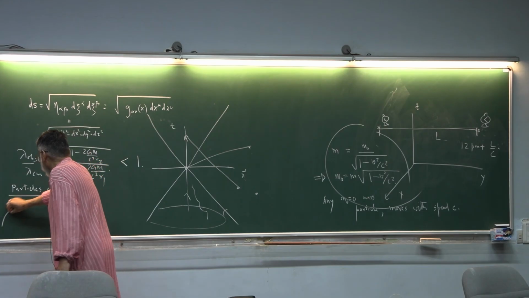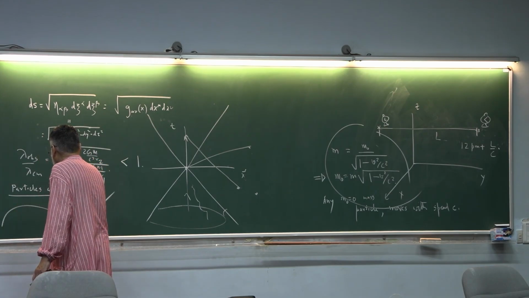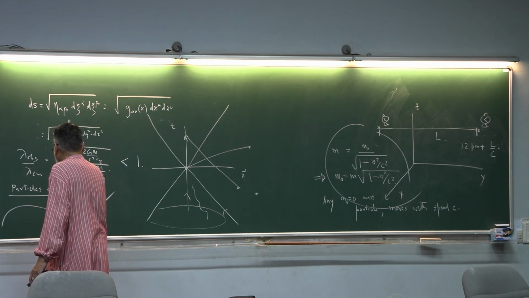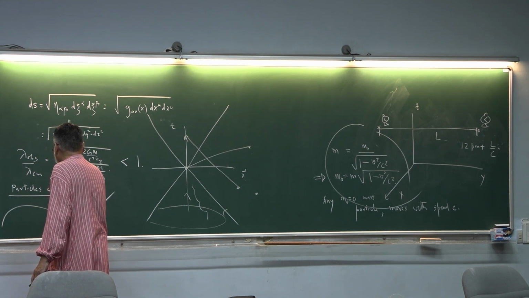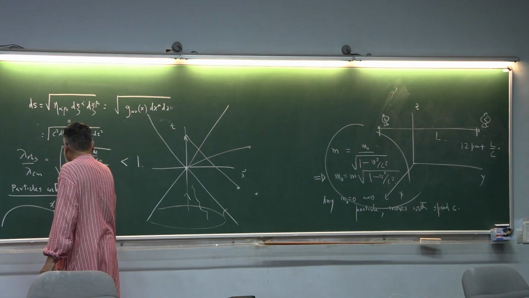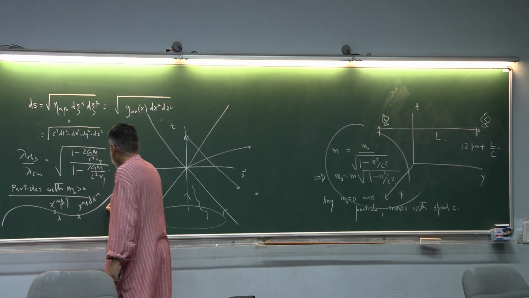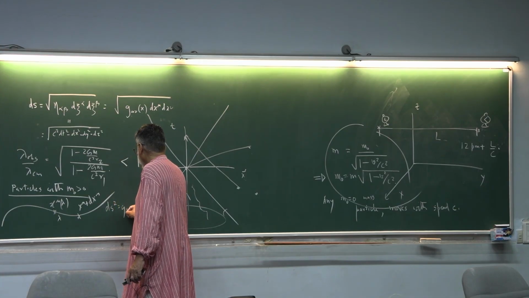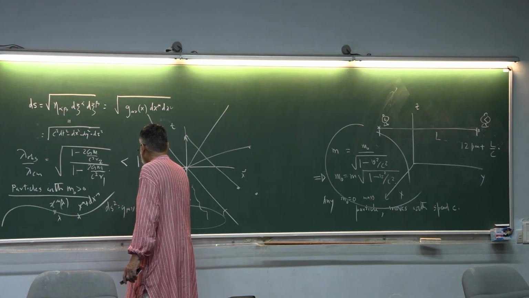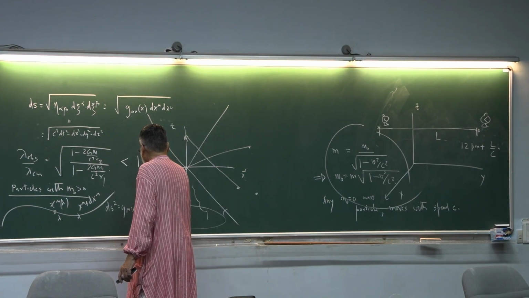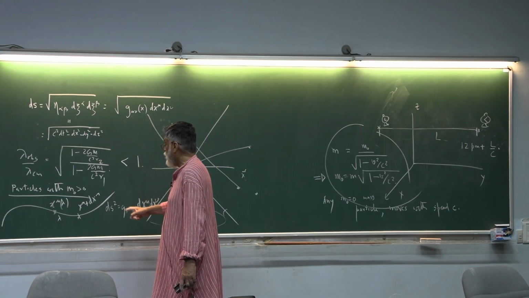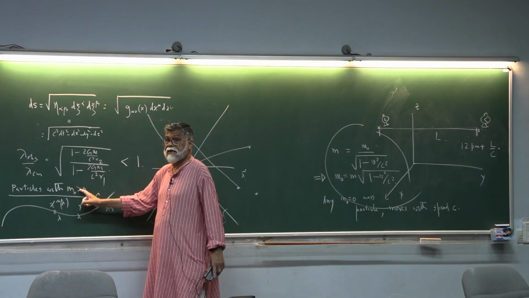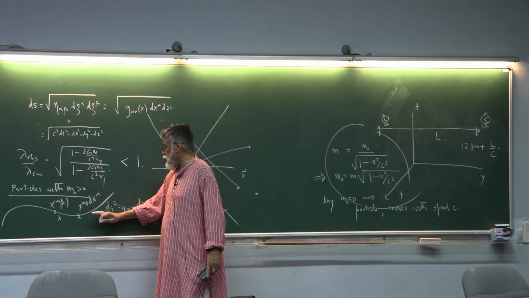So if a particle is moving along a trajectory labeled by the real number lambda, x^μ(λ), then when it crosses this point to another point at x^μ + dx^μ, the corresponding ds² is g_μν dx^μ dx^ν, and I will now prove that if the particle's rest mass is greater than 0, this will be greater than 0.